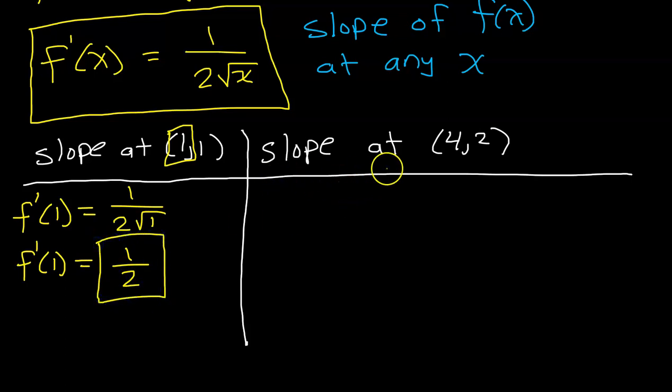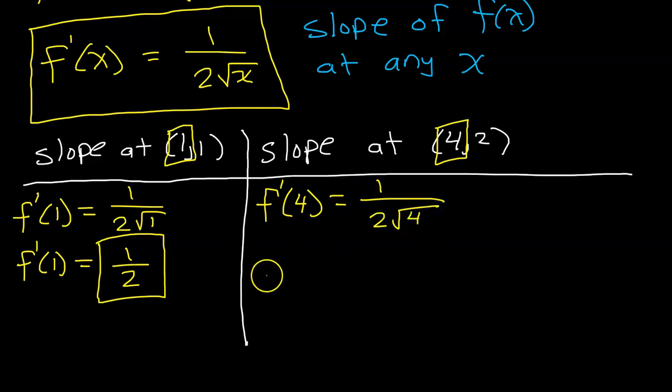All right, what about the slope at the point (4, 2)? Again, all that really matters is the x value. So the slope is going to be f prime at 4. So substituting 4 in for x, that would be 1 over 2 times the square root of 4. All right, so the slope at 4 is going to be 1 over, well, this is 2 times 2, obviously.